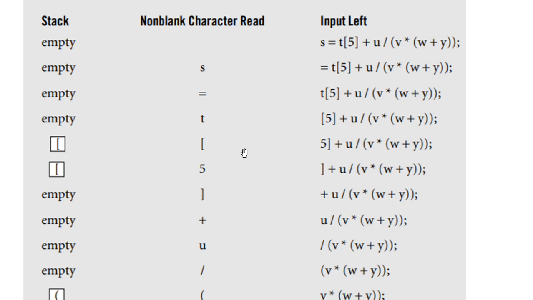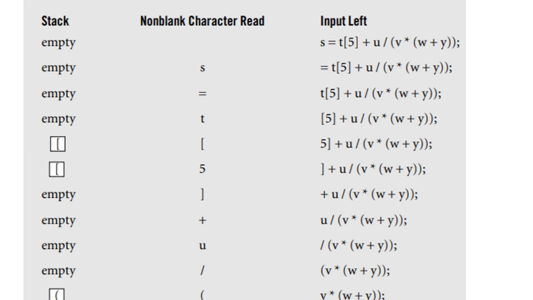It will then read another character, which is the number five. That is not an opening delimiter, so it will just be read. Then it will read the next character, which is the close bracket.